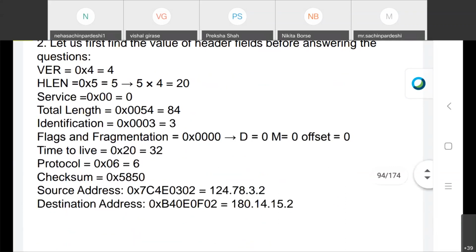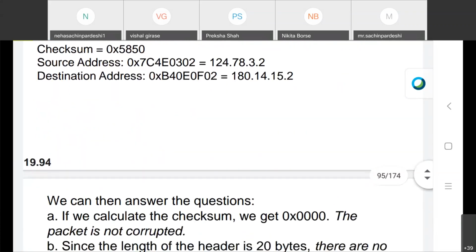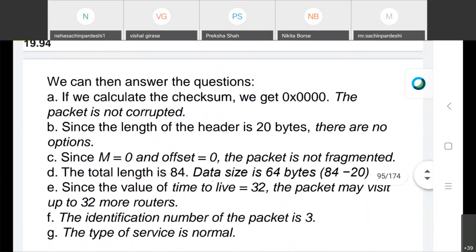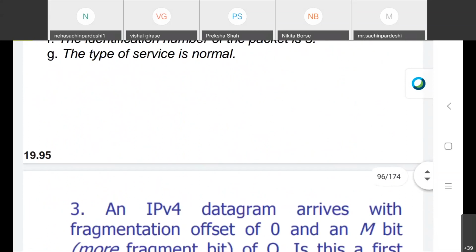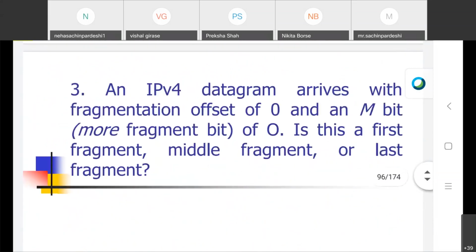So this is very simple. When you see the solution, you will easily come to know how to solve this problem and answer all these questions. The only thing remaining is that we have to write this received value into the IPv4 datagram format.